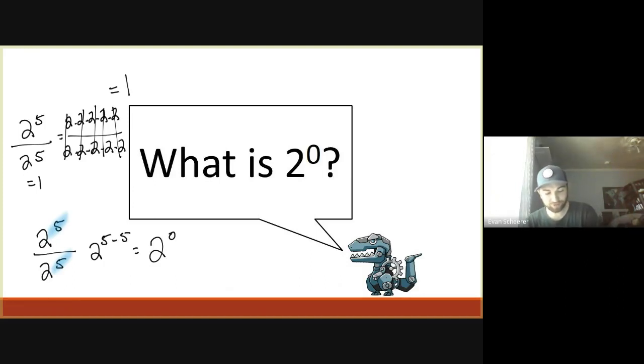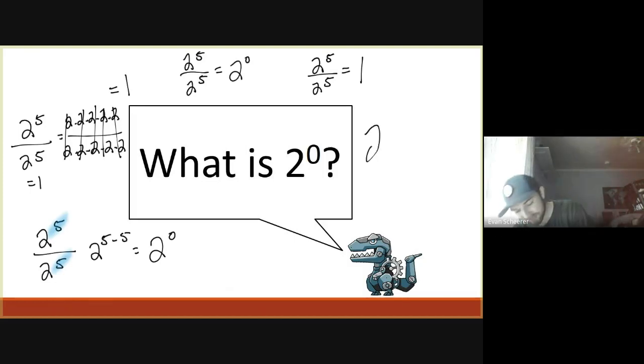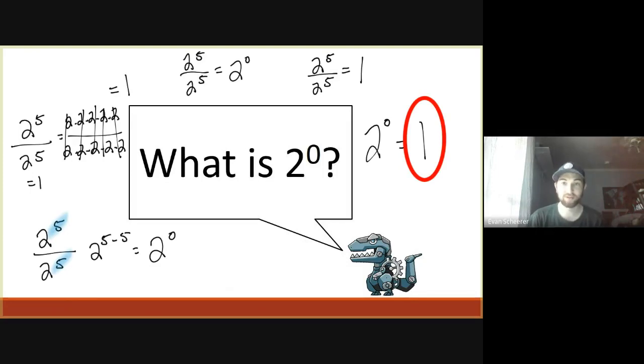So if 2 to the 5th over 2 to the 5th equals 1, but 2 to the 5th over 2 to the 5th also equals 2 to the 0 power, that means 2 to the 0 power has to equal 1. That's the big part of the day, guys. One of them. 2 to the 0 power equals 1.